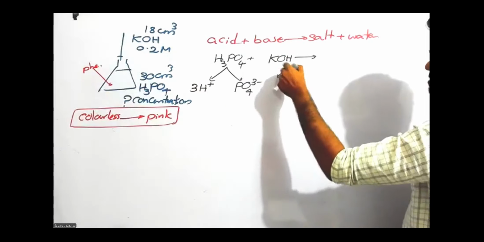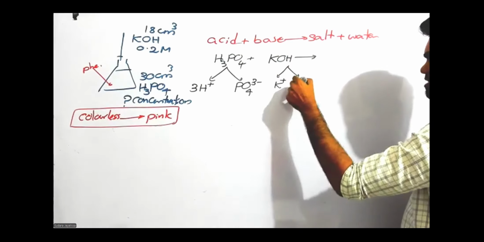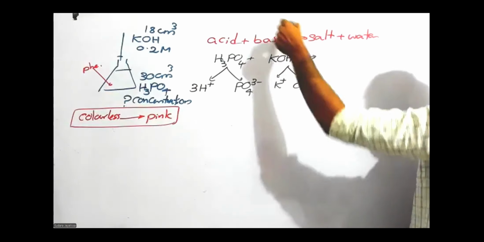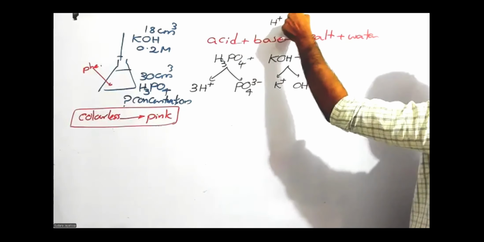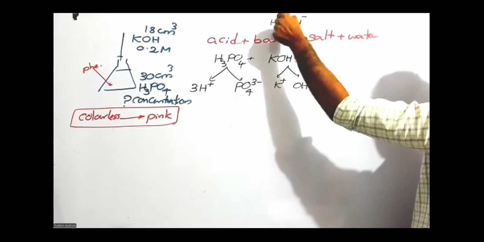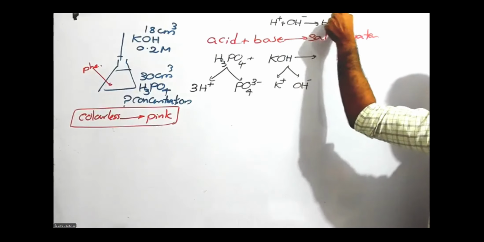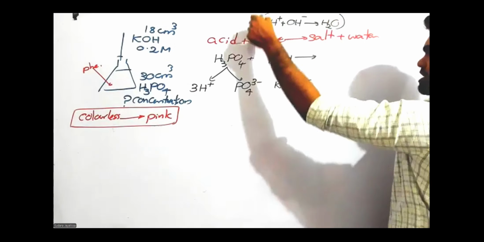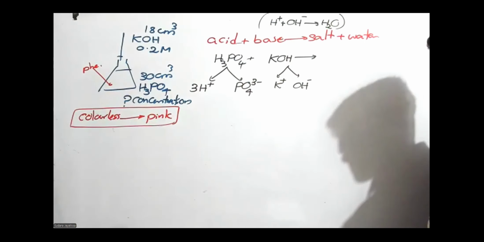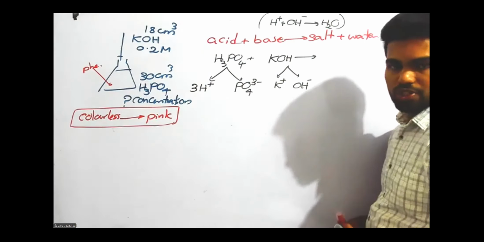And here you have K plus and OH minus. The H plus and OH minus join to form water, one water molecule. Then the potassium and phosphate ions will join to form the salt.